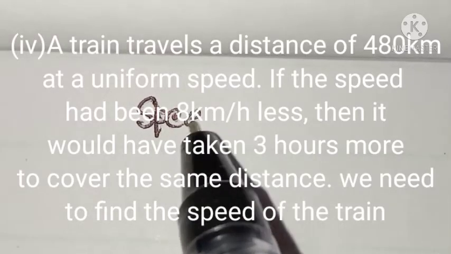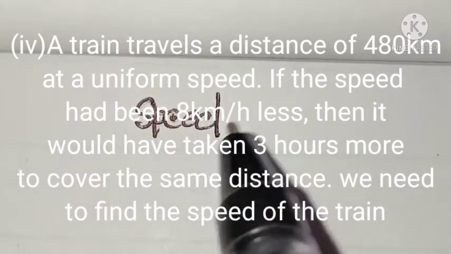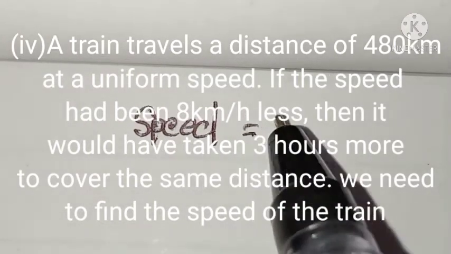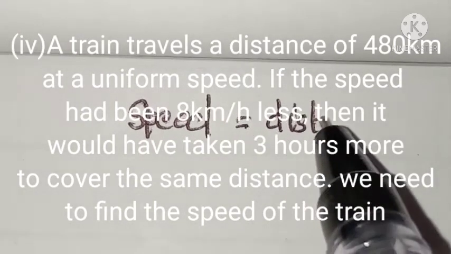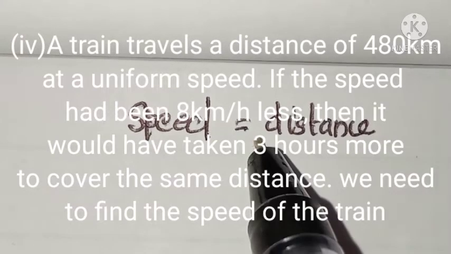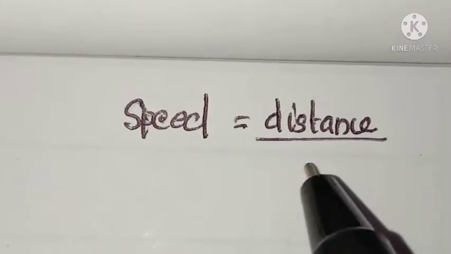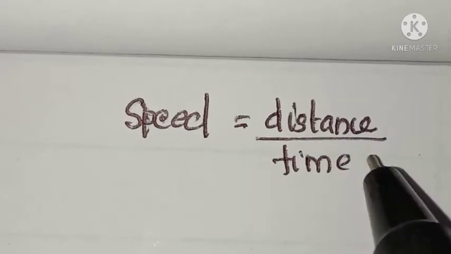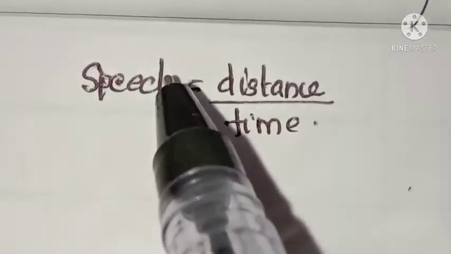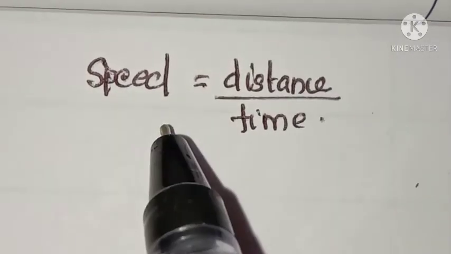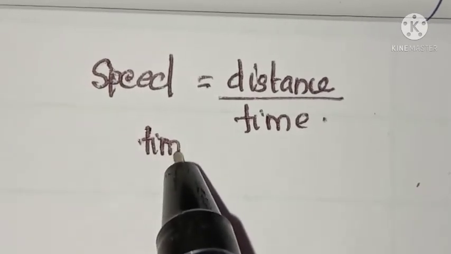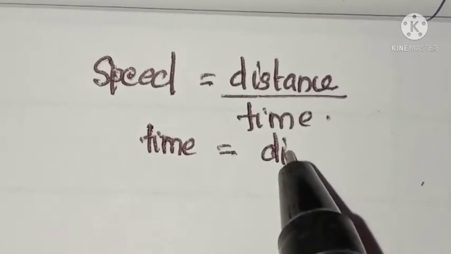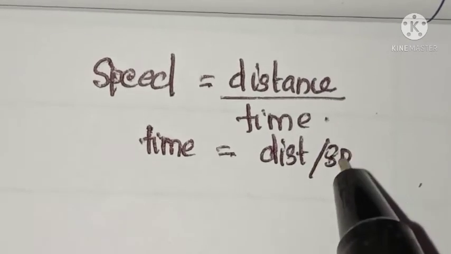In this question, take speed equal to distance by time. We already know the formula, speed equal to distance by time, so time equal to distance by speed.